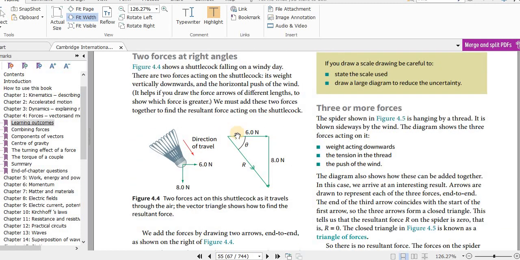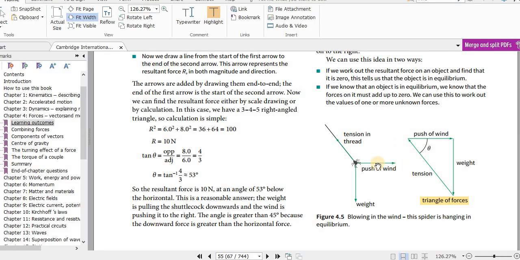So in this case, you can see when you join this and this, there's a gap between this point and this point. So you connect that, and that line is opposite to the clockwise or anti-clockwise direction that these forces form. The resultant will be in the opposite direction, to the clockwise or anti-clockwise direction, and the length of the resultant will be giving you the size of the force.